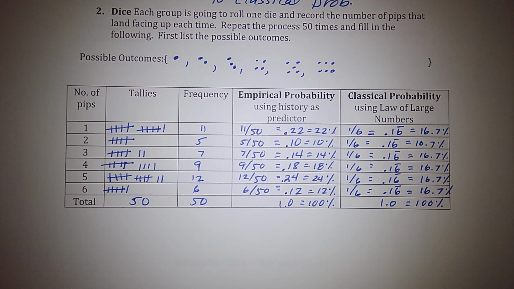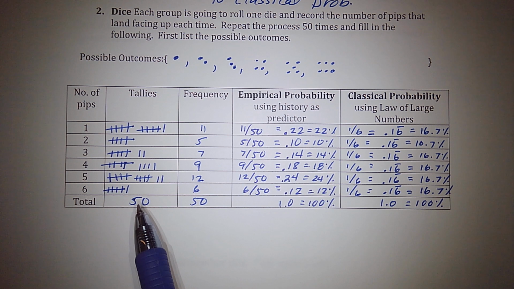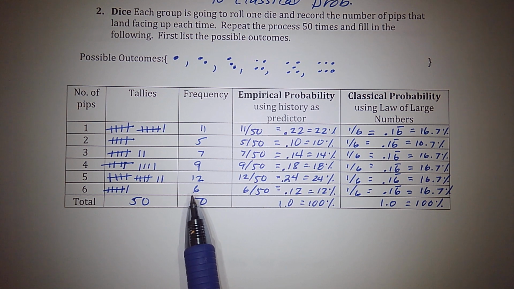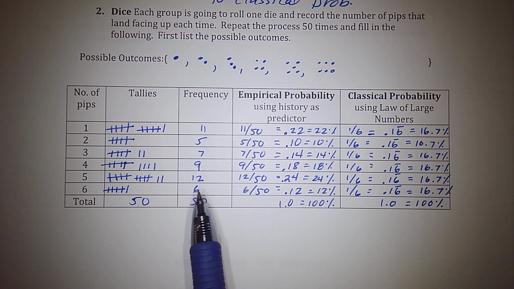Okay, so I finished my experiment, and obviously your numbers over here using the empirical method are probably not going to match what I have. I went ahead and rolled my die 50 times, and I got this distribution of each of the numbers, which theoretically we know they all should be equally likely, but in reality that doesn't necessarily happen.